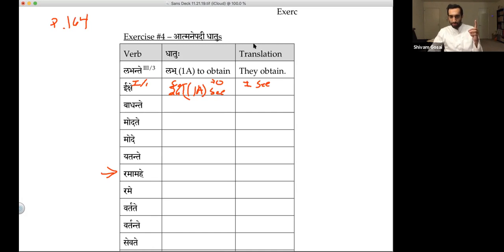Nice. So Ram, Dhatu, 1A. We need to write 1A. To play, to rejoice. And since it's first person plural, it's we all play or we all rejoice. Ram. Okay? We all play, we all rejoice.